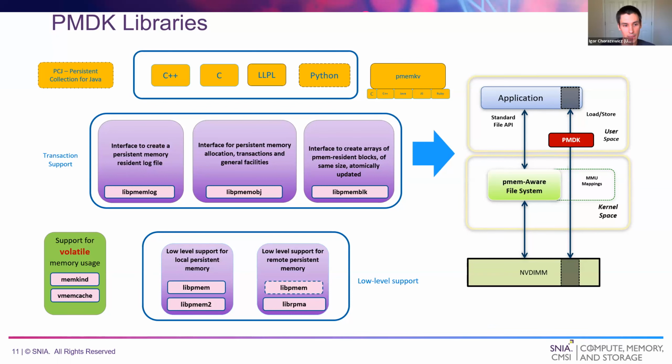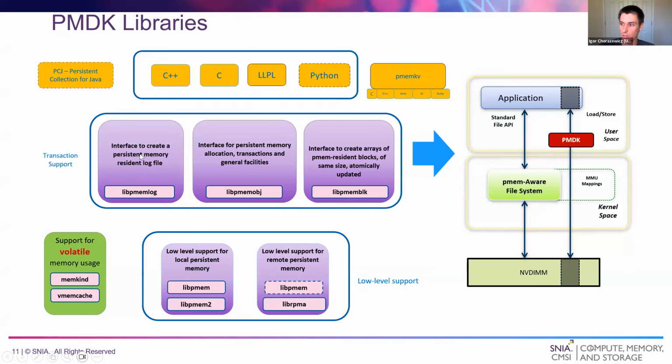This is basically a library that implements an easy-to-use way of mapping persistent memory for an application and implements those optimized flushing instructions. We also have support for remote persistent memory. So this mostly covers use cases where we want to have access to persistent memory on a different node through RDMA.